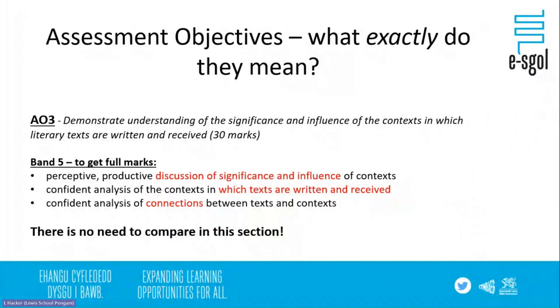And the band 5 descriptor for this, you would demonstrate perceptive and productive discussion of the significance and influence of the context of the time and also when the poet or writer was writing. It's confident analysis of context in which texts are written and received, and confident analysis of the connections between texts and their contexts.